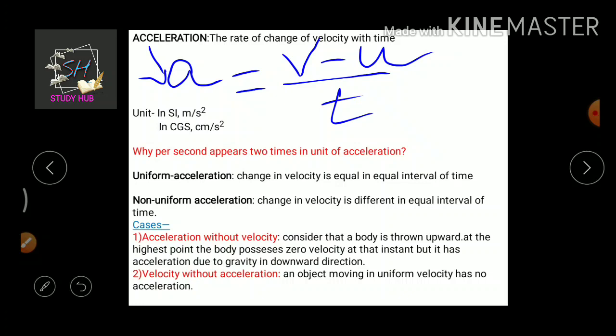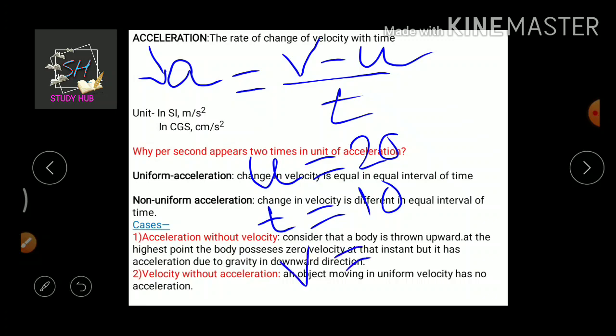Let's take an example. Suppose an object is moving with a speed of 20 meter per second. That means here u is 20, and after 10 seconds its velocity increases to 40 meter per second. That means t is 10 seconds, and the final velocity v is 40.